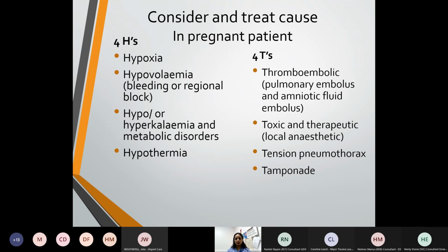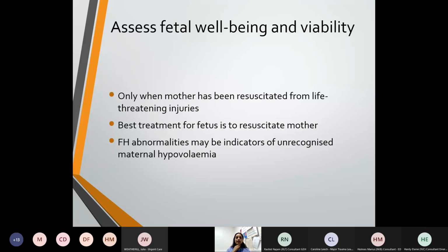And then there is the tension pneumothorax and tamponade. So these are the 4 H's and 4 T's. We always remind ourselves to think of this, to find the specific cause, because when you come down that structured approach, you may want to come to that definitive intervention fairly soon, and this will help us get to that if we are thinking about a specific cause.